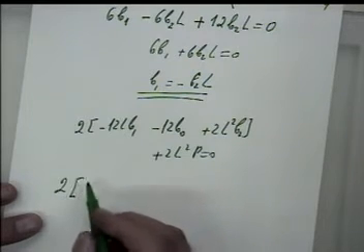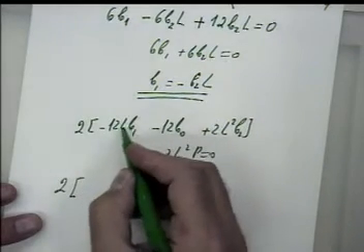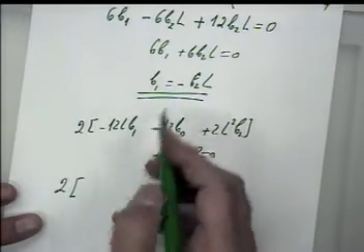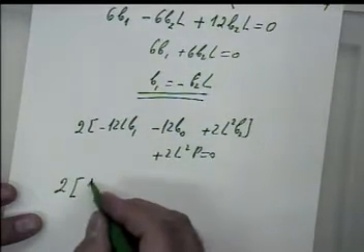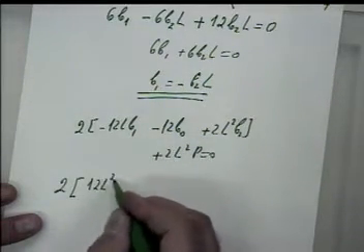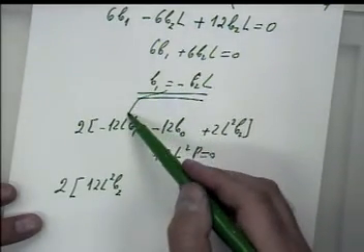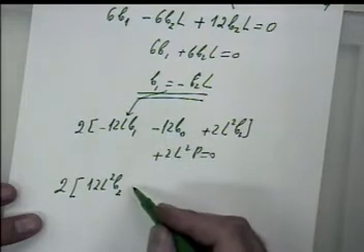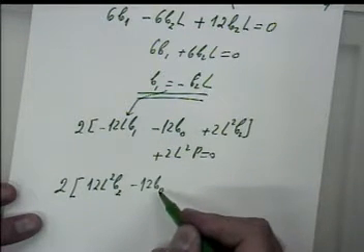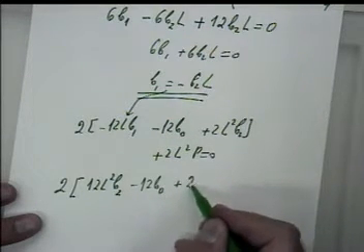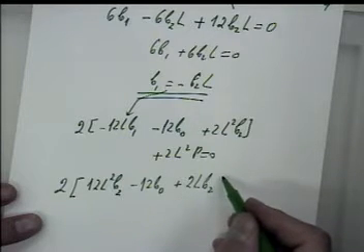We have minus 12lb1, but there is minus here, so it will be 12l square b2. Yeah, I substitute this here. There will be minus 12b0, then plus 2lb2.